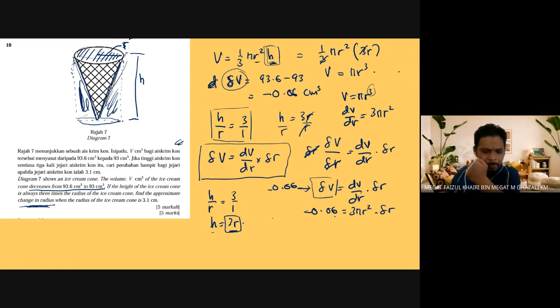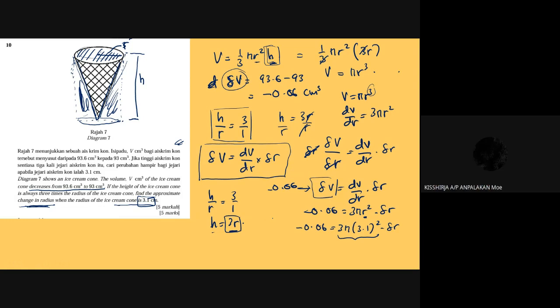So then, the radius of the cone is 3.1. So substitute 3.1 here: negative 0.06 equal to 3 pi times 3.1 squared times delta r. Okay, Kiki, can you please find out for me what is the value of this in terms of pi? 28.83 pi.